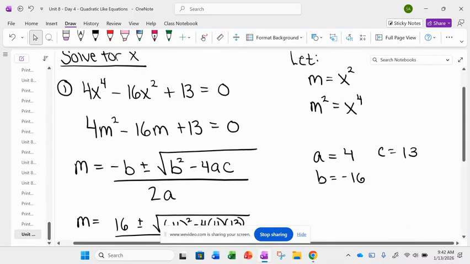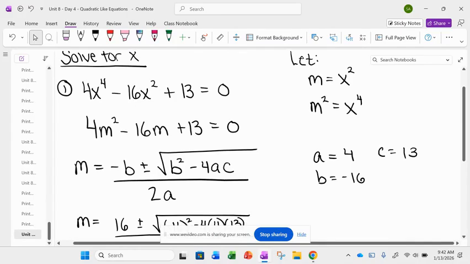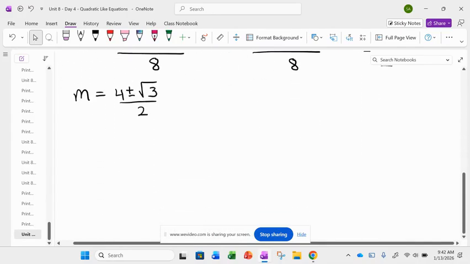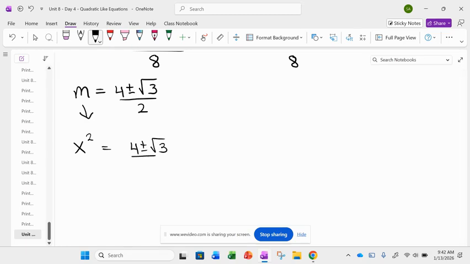So we said m is the equivalent of what? m subbed in for x squared. So now this is going to be x squared is equal to 4 plus or minus the square root of 3 over 2. And now to solve for x, I have to undo a square. How do I undo a square? Take the square root.